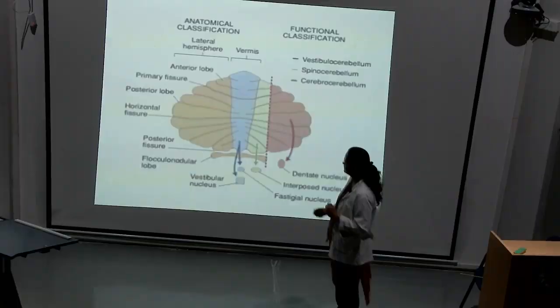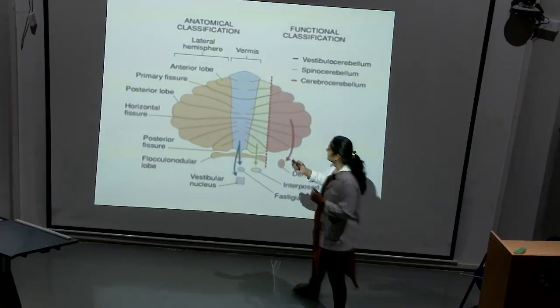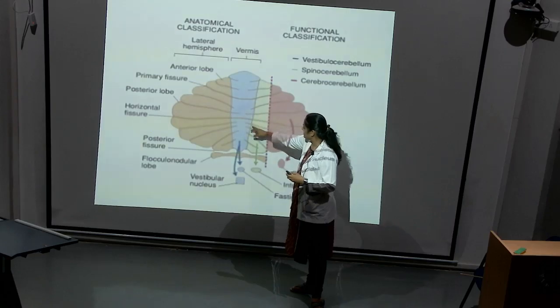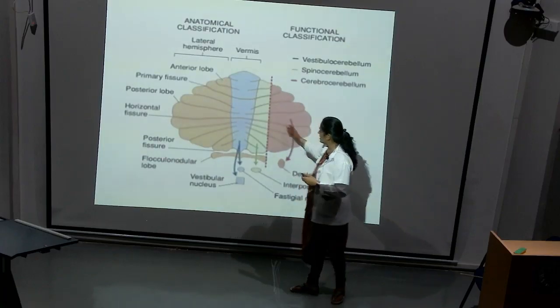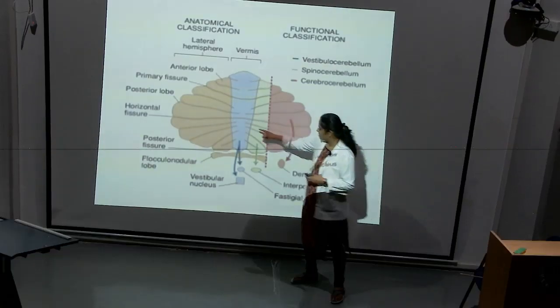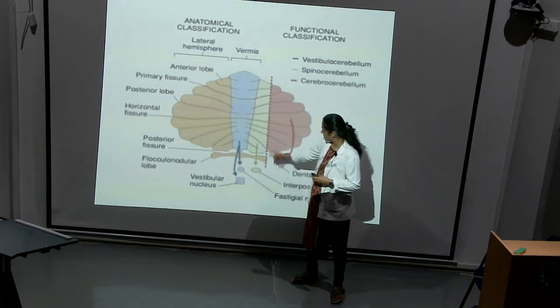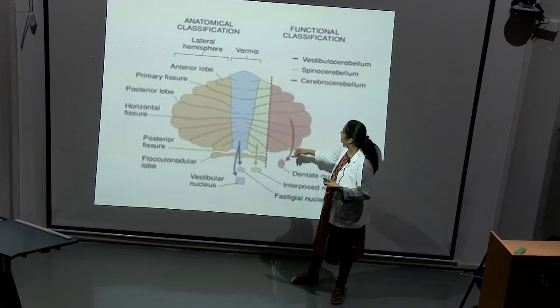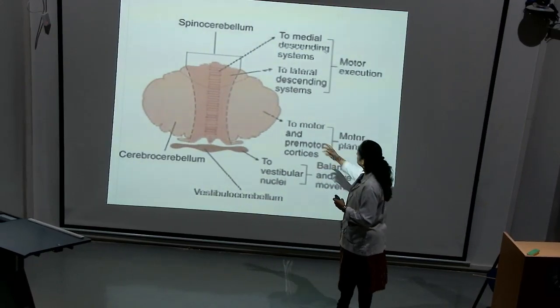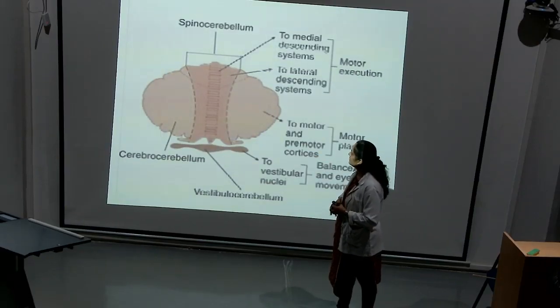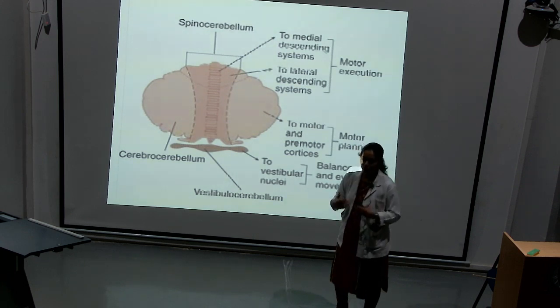So here you can see this is the median zone, the paramedian zone, and this is the lateral zone. You can see each of their connections with the deep cerebellar nuclei, and what they are going to perform. The midline and the paramedian zone help in motor execution.